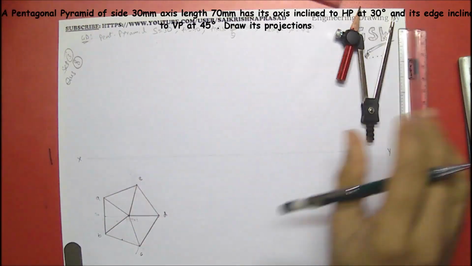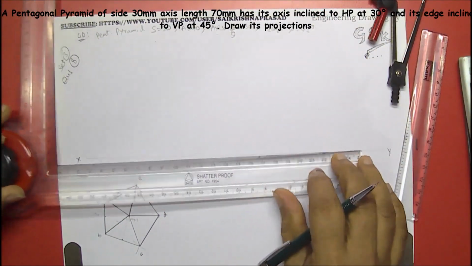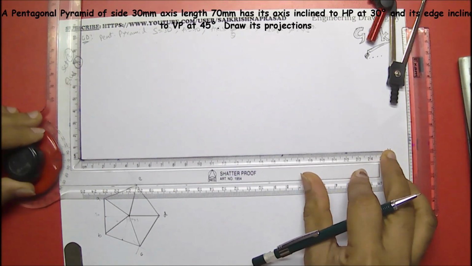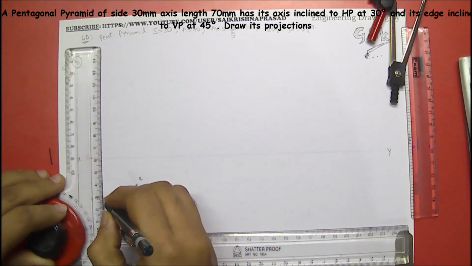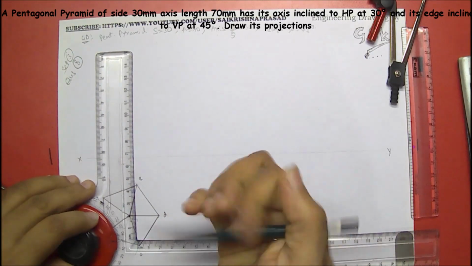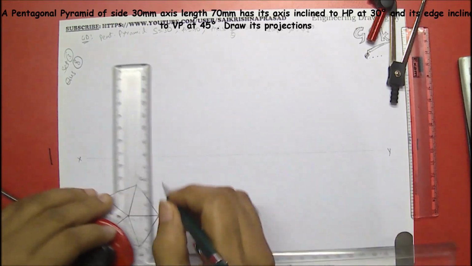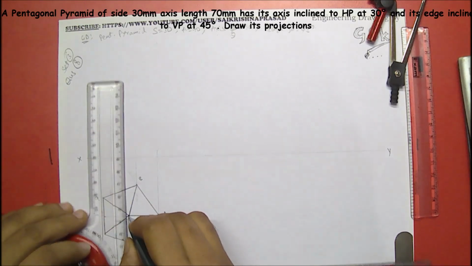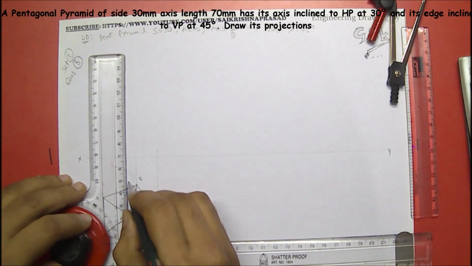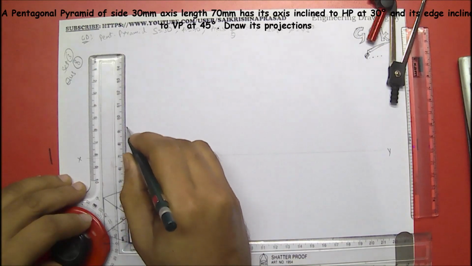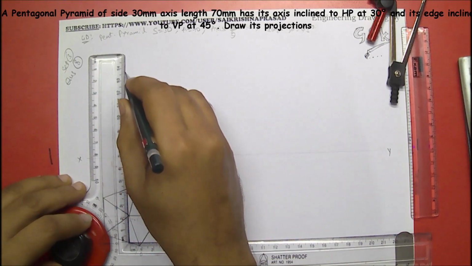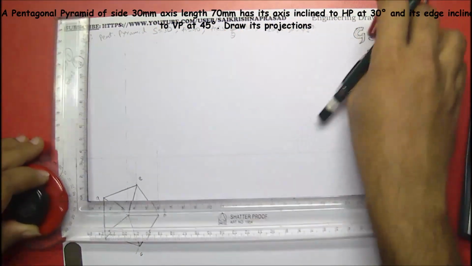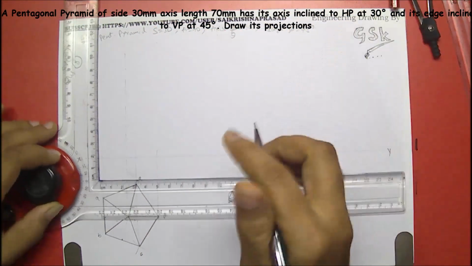Right, now you can project this straight to the front view. This is the axis. Long dash, short dash line, that would be light.